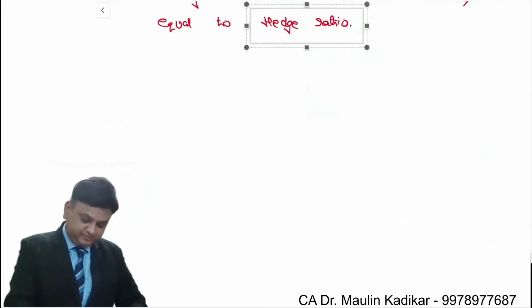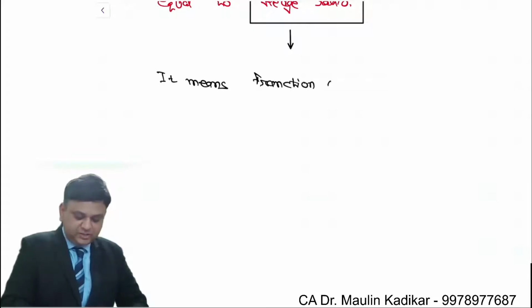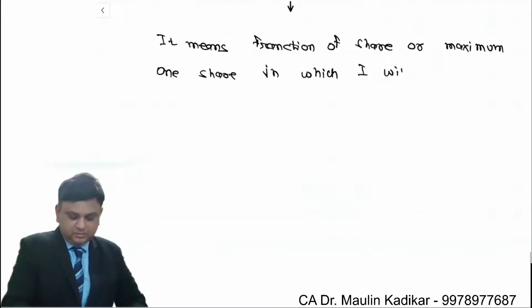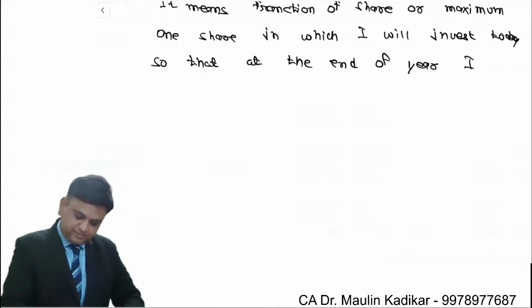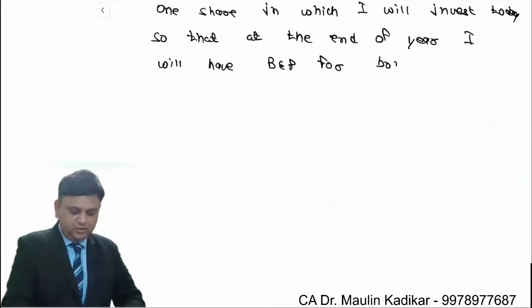Hedge ratio means the fraction of a share, or a maximum of one share, in which I will invest today so that at the end of the year, I will have a break-even point for both market prices of the equity share.